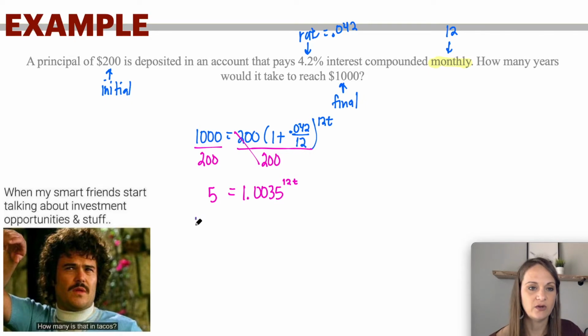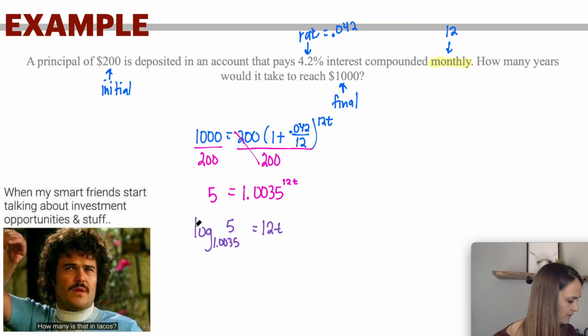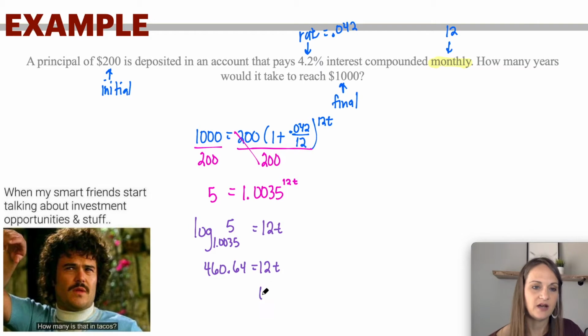So I know that log of my base will equal my exponent, and then 5 will go there. So I first need to figure out what this is. So log of 5 divided by log of that is going to give me 460.64. And now I divide by 12, and I will get 38.4. So it will roughly take 38 years for $200 to become $1,000.